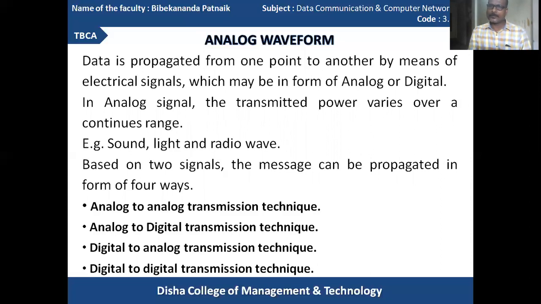And the last one is digital to digital transmission technique. There are different equipment or components which are implemented for these techniques of transmitting signals, analog to analog, analog to digital or vice versa, or digital to digital.